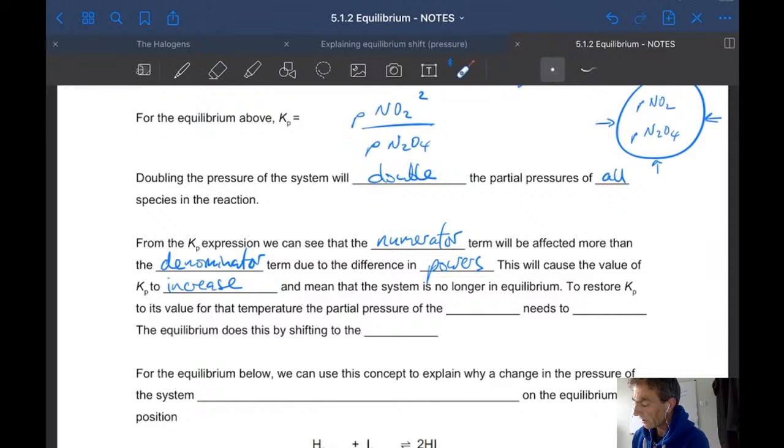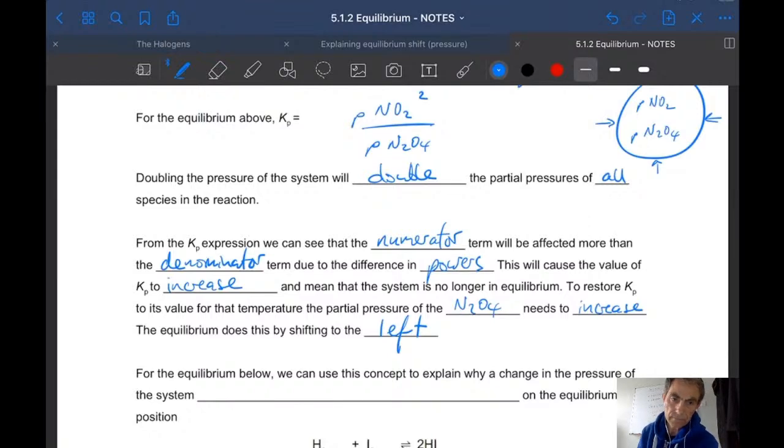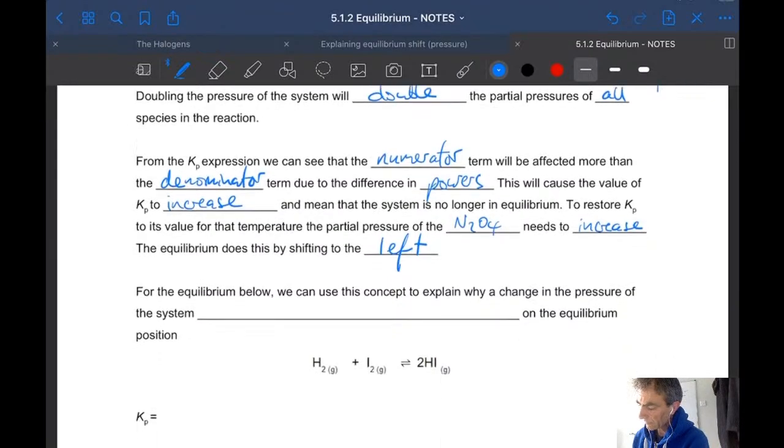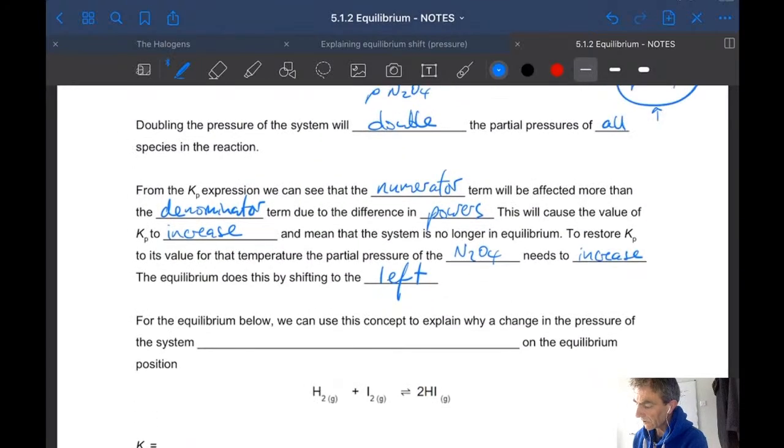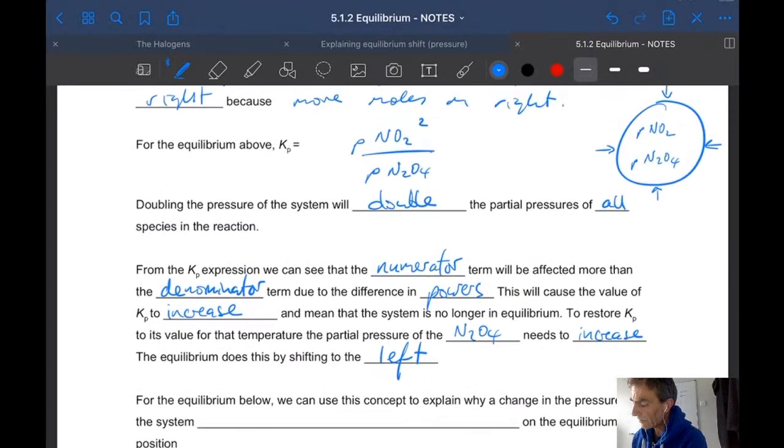So to restore Kp, how does it shift around to get back down? Because it needs to go down in this scenario. The partial pressure of the N2O4 needs to increase. And the equilibrium does that by shifting to the left. Okay, so it's all about the powers, all about the powers.